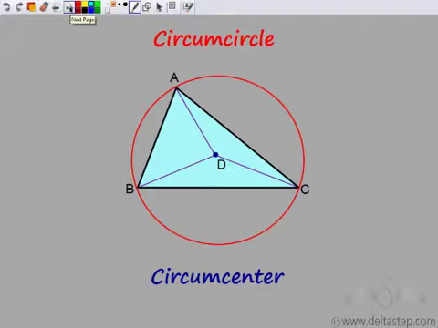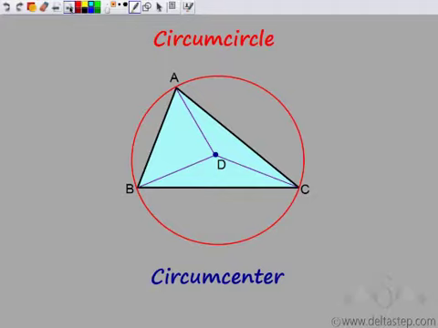Circum means around, so a circle which is around a triangle is the circumcircle, and this point D is the center. So why circumcenter? Because it is the center of a circle which is circumscribed around this triangle. So it is the center of a circumcircle, so it is called the circumcenter.